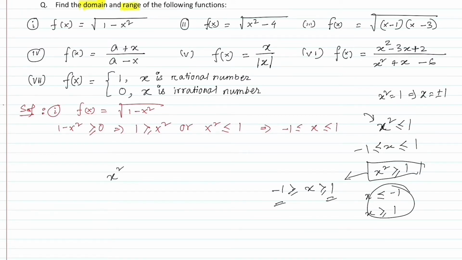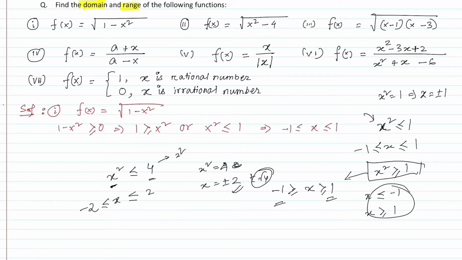Let me give you some more examples. Suppose you have x square less than or equal to 4. We know 2 square is equal to 4. So in this case, x must be greater than or equal to minus 2, less than or equal to plus 2. Because if x square is equal to 4, then x must be equal to plus minus root over 4, which is equal to plus minus 2.